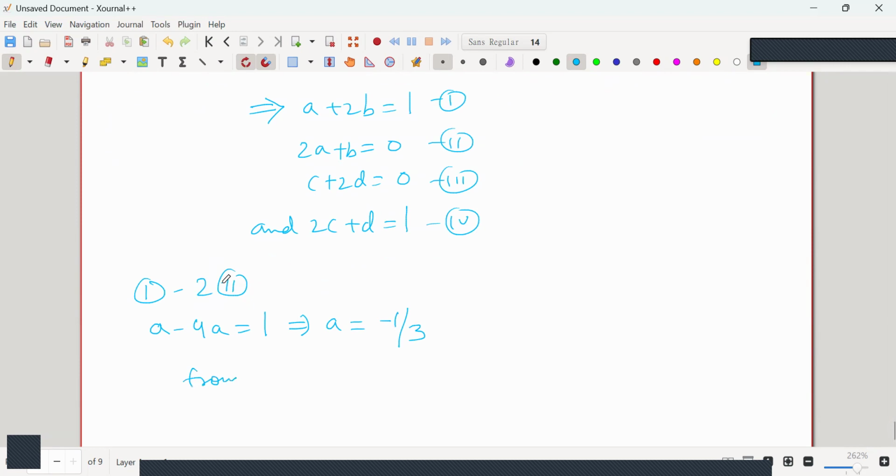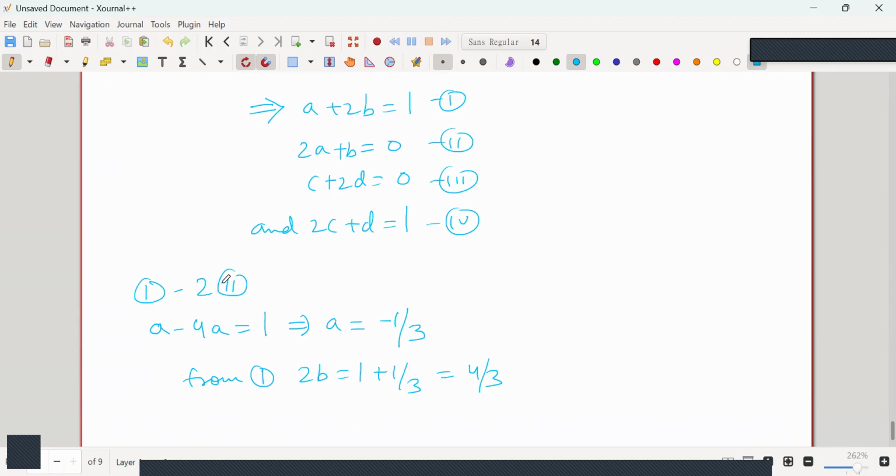From first, 2b is 1 plus 1 by 3, that is 4 by 3. Okay. And then if you put these values in second, then we have 2a, which is minus 2 by 3.